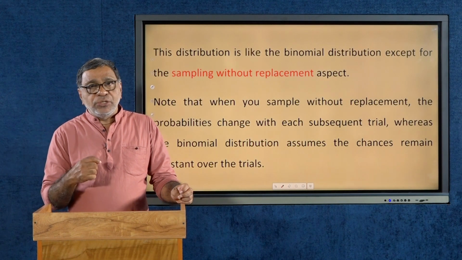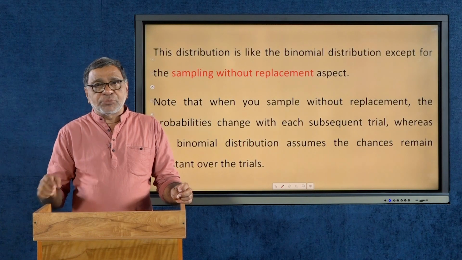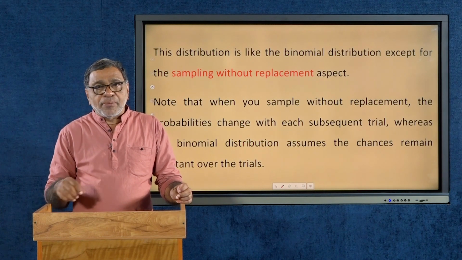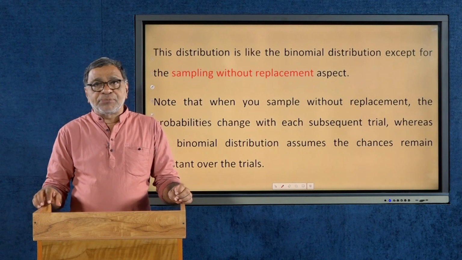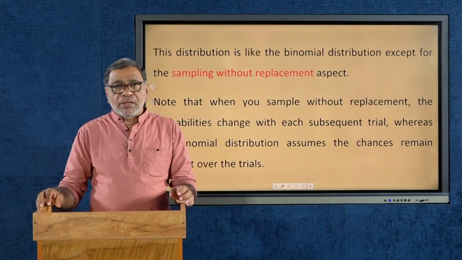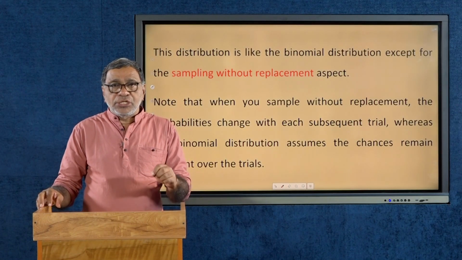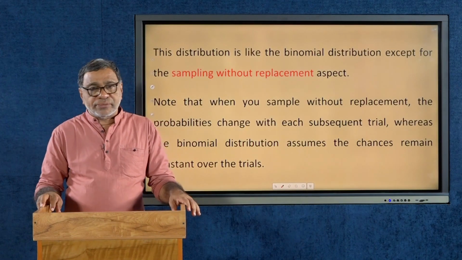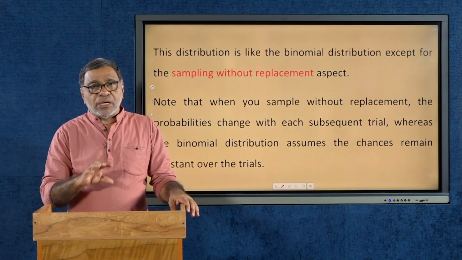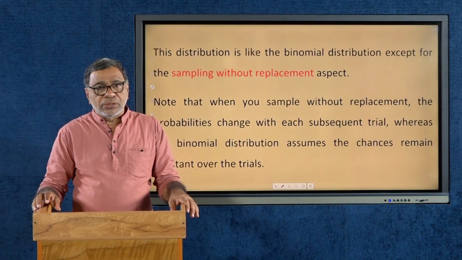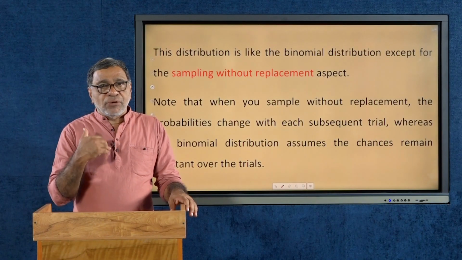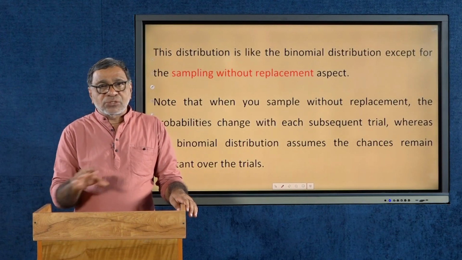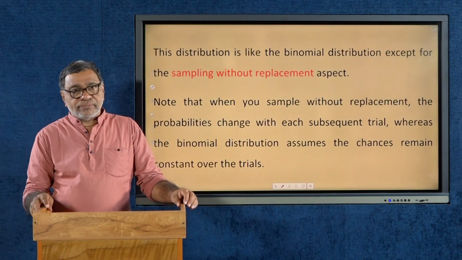Note that when you sample without replacement, the probabilities change with each subsequent trial, whereas the binomial distribution assumes the chance remains constant over the trials. When we discuss the binomial distribution, we know the probability of success is constant throughout the trials.